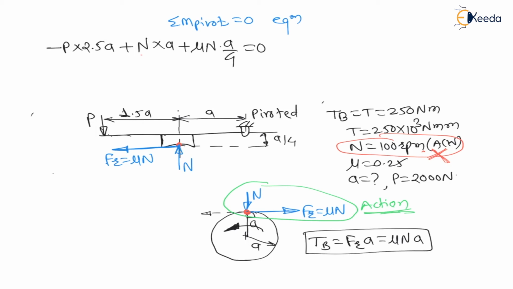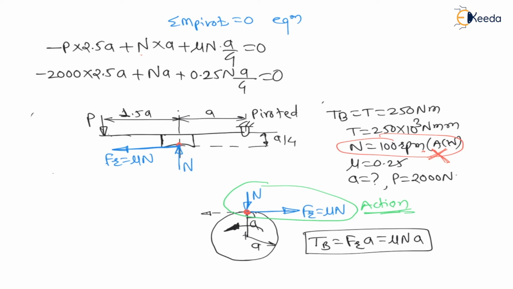If I put the values, the actuating force is given as 2000, so minus 2000 into 2.5 A plus n A. The normal reaction is unknown here. Plus mu n into A by 4, where the coefficient of friction mu is given as 0.25, so 0.25 n into A by 4 is equal to 0.